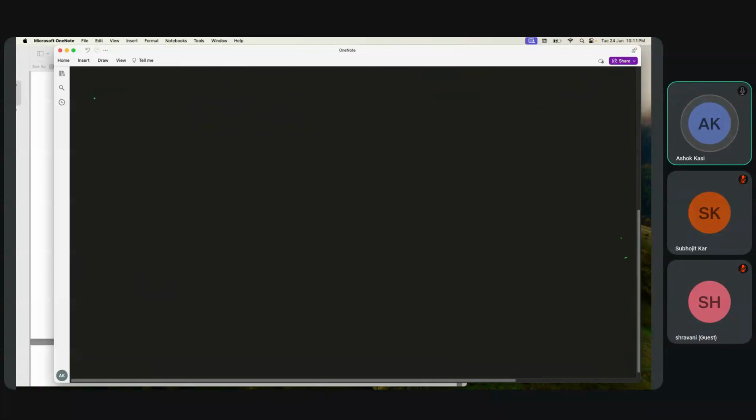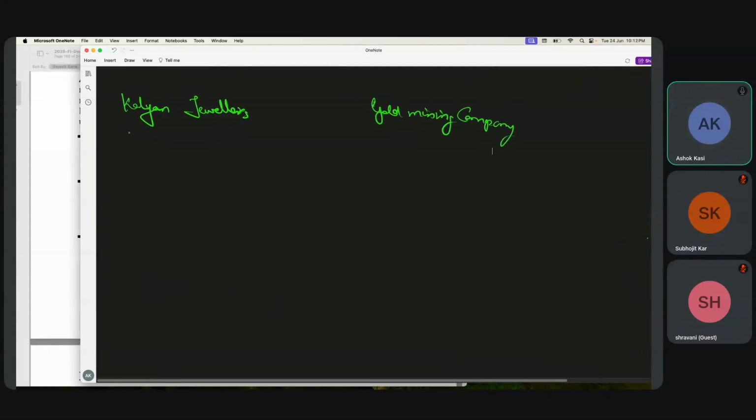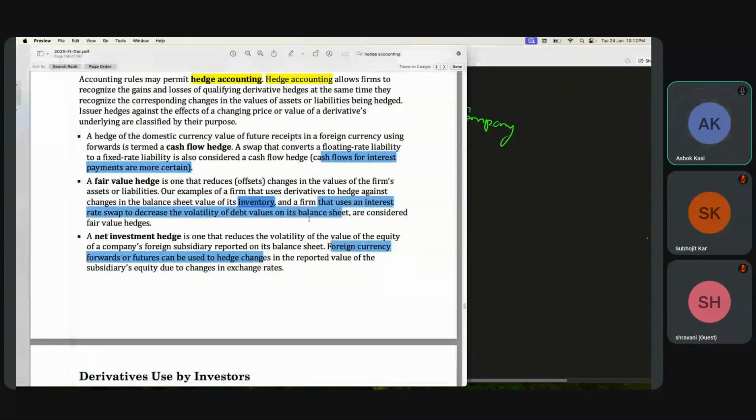So Kalyan Jewelers, and this is a gold mining company. So when they are entering into the agreement, that is called a fair value hedge. Why?